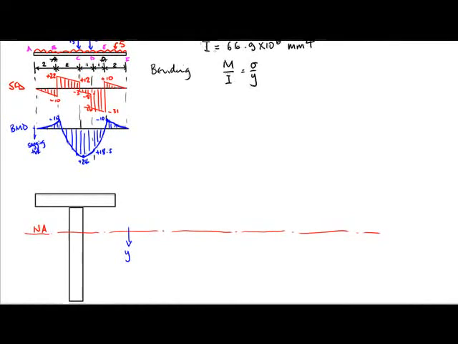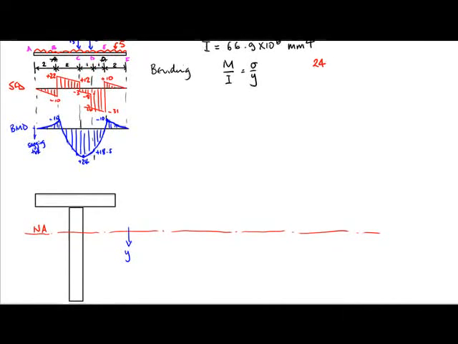I is this second moment area, and then the stress will vary up and down the beam depending on what we put into y. Typically we want the largest bending stress, so we will get that from the position of the beam with the largest bending moment, which in this case is 24.